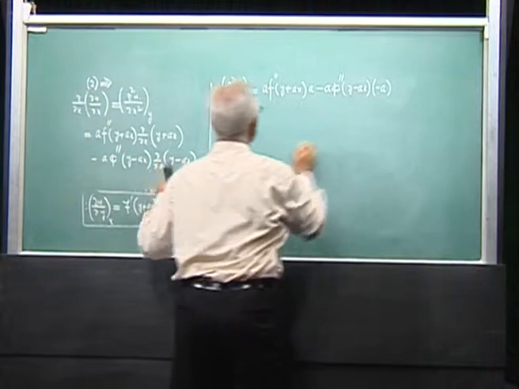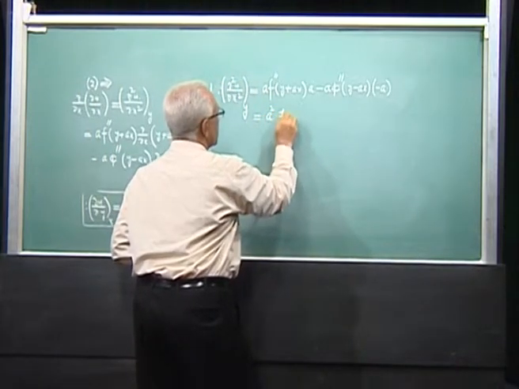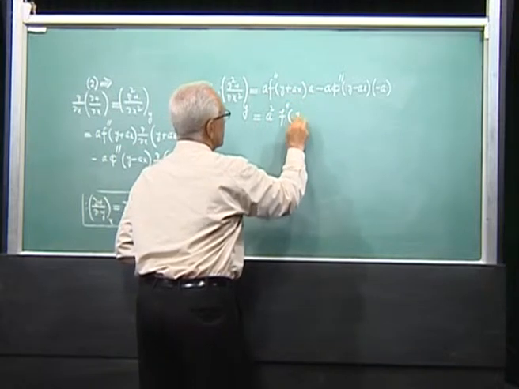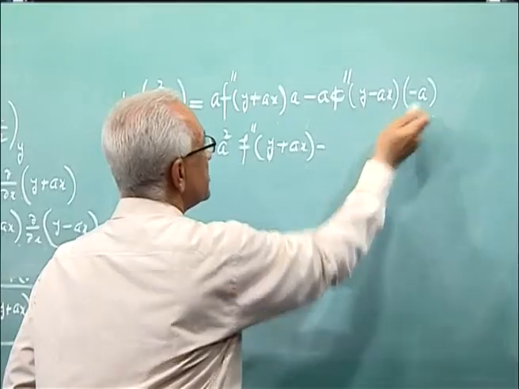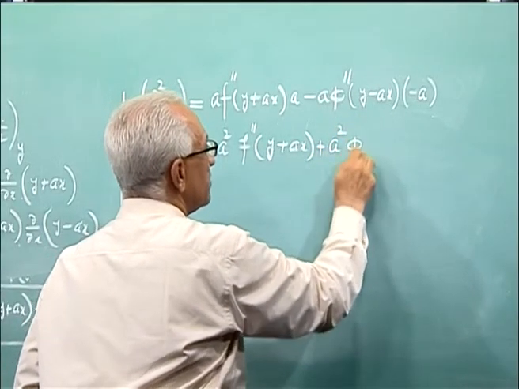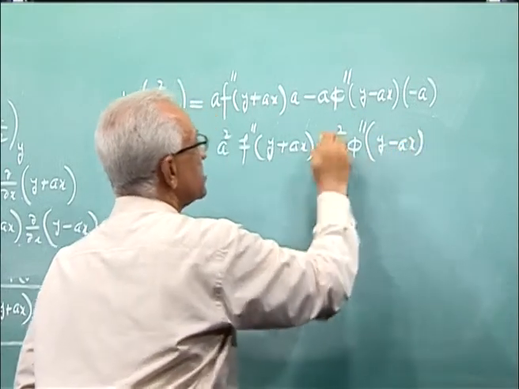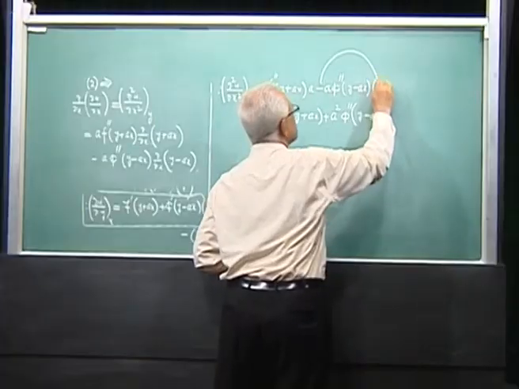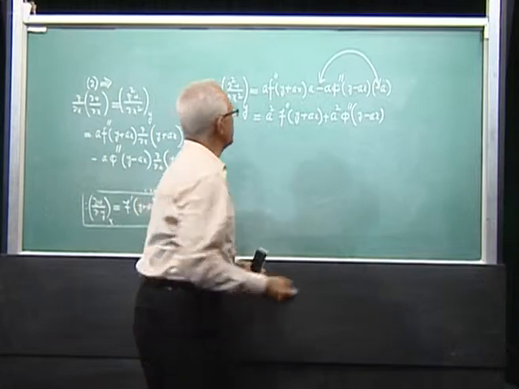So we will be having a square f double dash y plus ax minus, this will also turn into plus a square phi double dash y minus ax. This plus is because of these two negative terms. We make it plus a square.